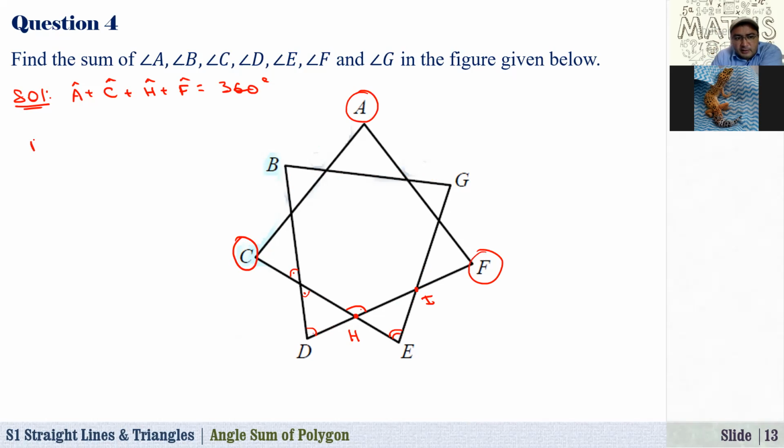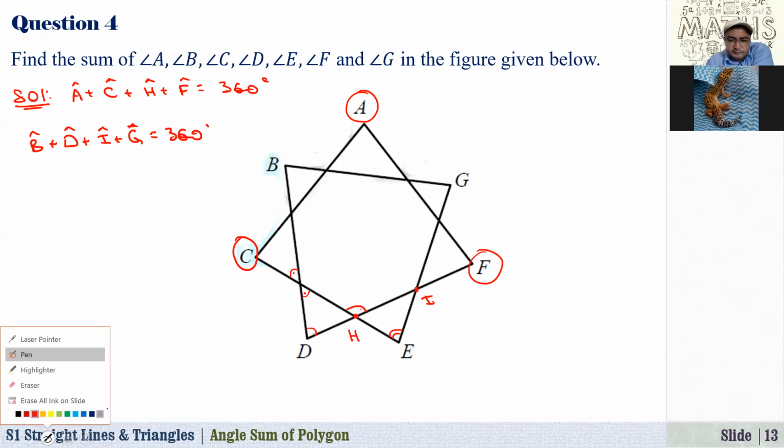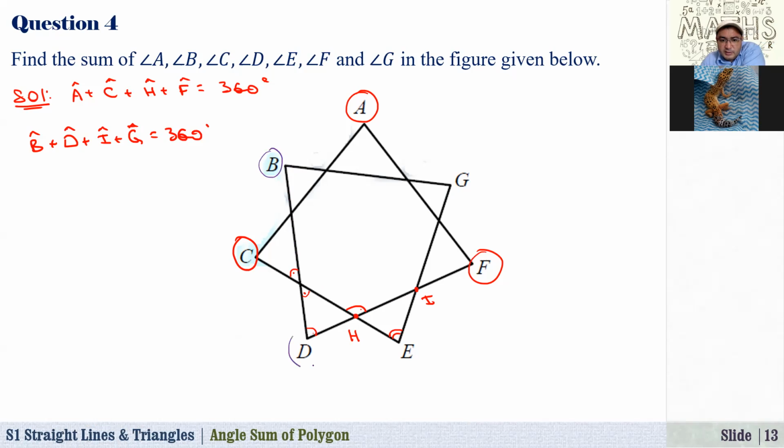And also angle B plus angle D plus angle I plus angle G, also that's equal to 360 degrees, right? Angle B plus D plus I plus G, that's also equal to 360 degrees. B, D, I, and G. Okay.